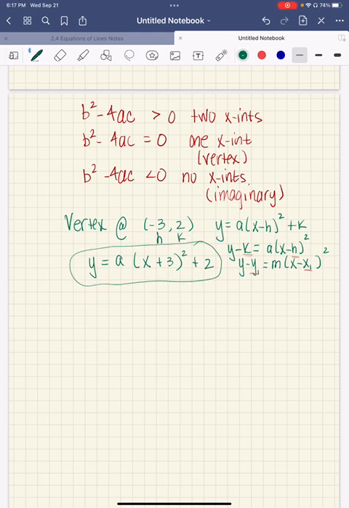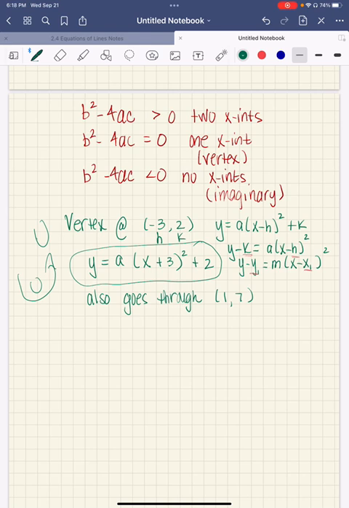I have to figure out what a is. A tells us whether the parabola opens right side up or upside down, and whether it is wide or narrow. So I'm also going to tell you that it goes through the point (1, 7).